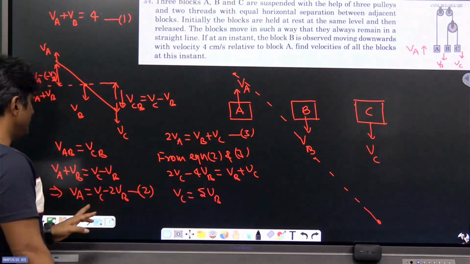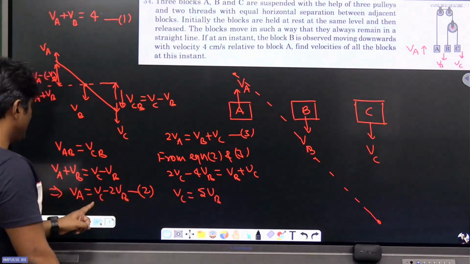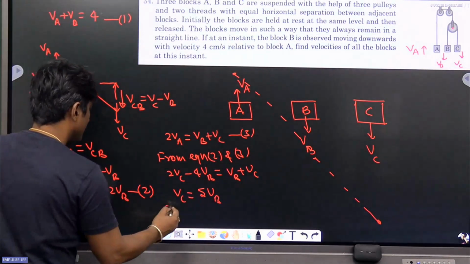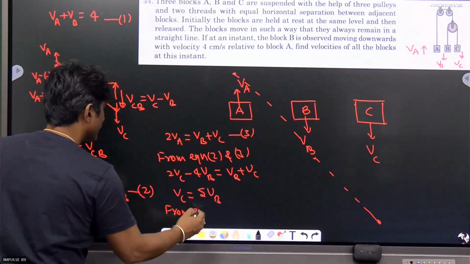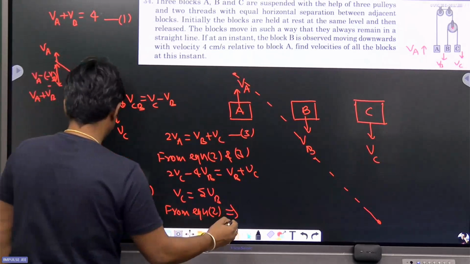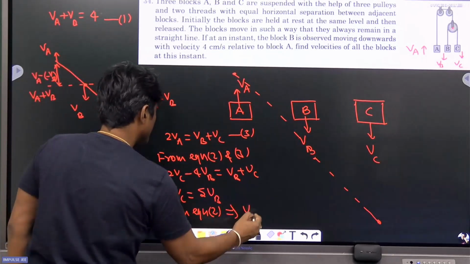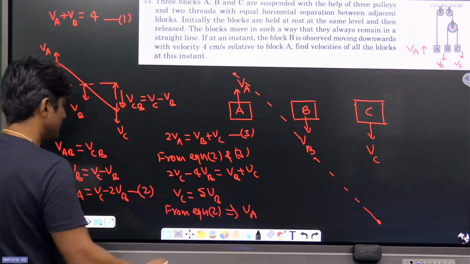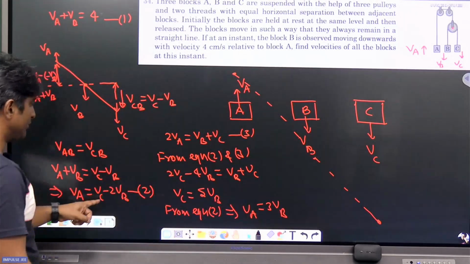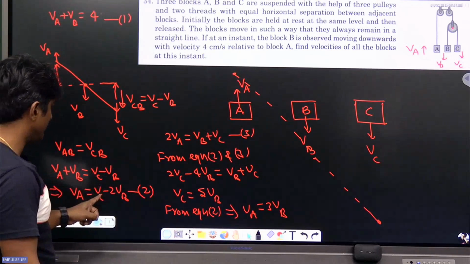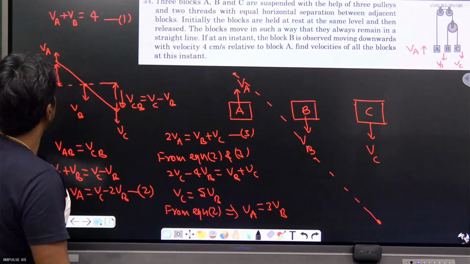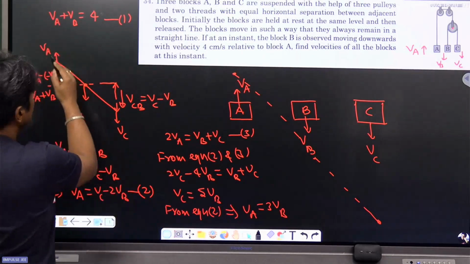If we substitute this value of VC in equation 2, we can write VA is equal to 5VB minus 2VB, which is 3VB. So VA is equal to 3VB.